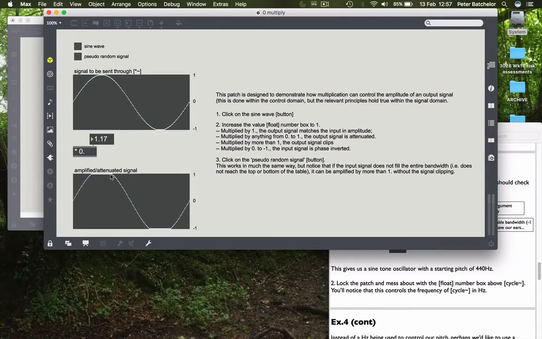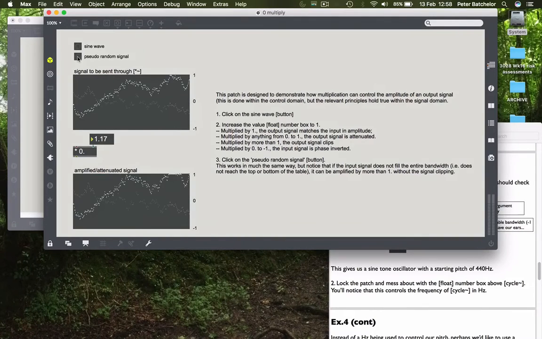This is what you get in Pro Tools or any other DAW, where you crank up the signal too much, then because the system can only accommodate so many values, it will clip. You'll get digital clipping. So if you have your input signal going between 1 and -1, which this cycle object does, and you amplify it by more than 1, then you're going to get that clipping.